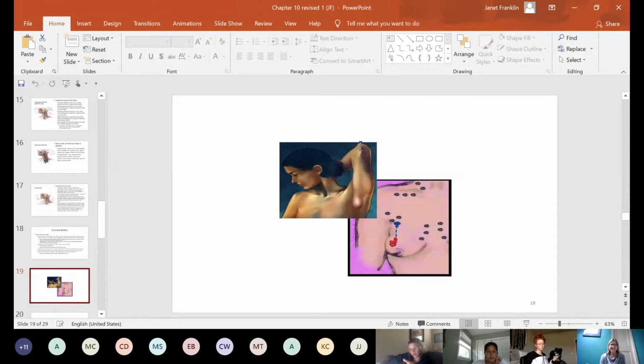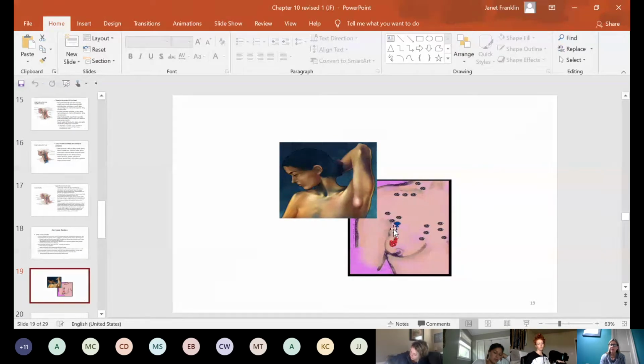Hopefully. So this next one is just an example of lymph nodes and how they work. This would be a situation with a cancerous lesion, and it drains to the lymph nodes. So when they would do a biopsy, they would probably take out one of these nodes to see if the cancer has drained there.